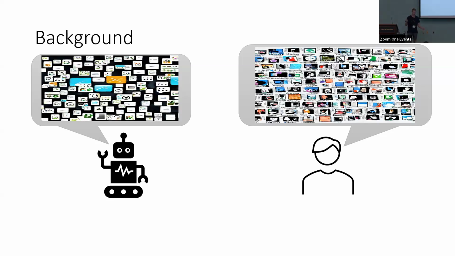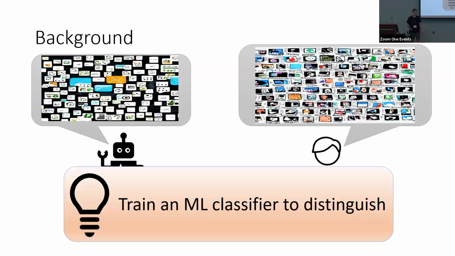I don't think I need to convince you that being able to distinguish AI-generated content from naturally generated or human-generated content is potentially a really important issue of today. But given that this problem comes from machine learning, maybe the most natural approach to solving it is to use more machine learning. In particular, you can try to train an ML classifier to distinguish between AI-generated content and human-generated content.